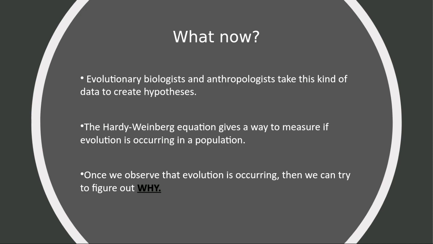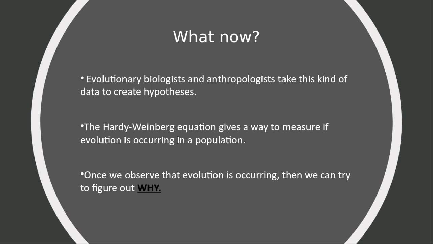So the importance of the Hardy-Weinberg equation is that it gives us a way to measure whether or not evolution has occurred. Obviously we can see that the number of birds has increased from 1,000 to 1,400, but we need to actually know the frequency of alleles to determine whether or not there is something going on to prefer one allele frequency over another.